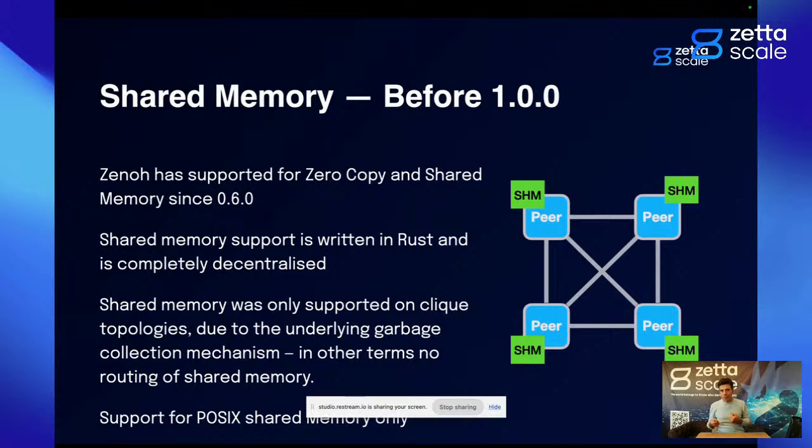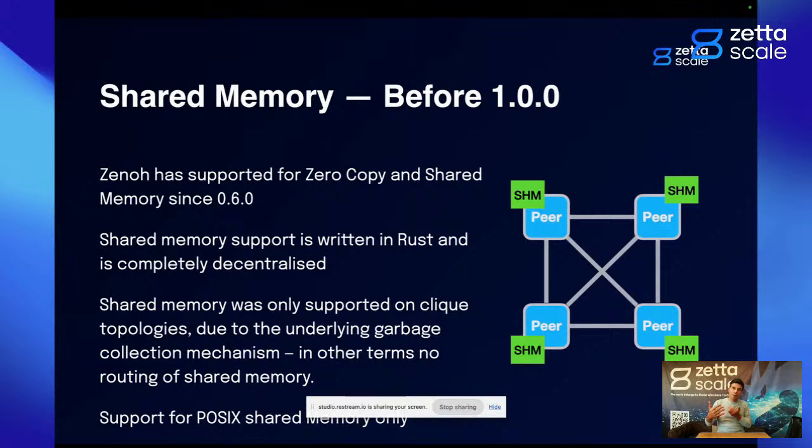Because our previous garbage collection mechanism was making the assumption that as far as I've shared the shared memory segment with you, and as far as you are not able to further route it, because you know that in Zenoh we can mesh route things, then I can have a series of assumptions on the use of this buffer, which is tied to the liveliness of the session.